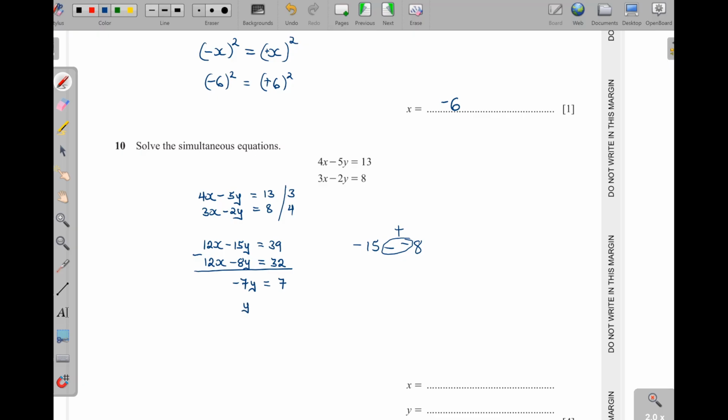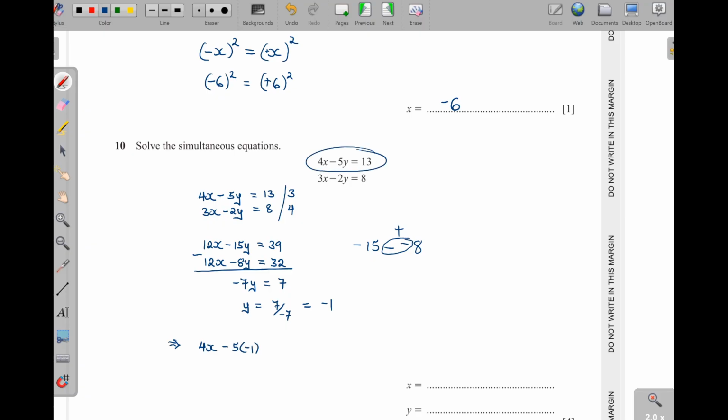So meaning y is going to be equal to 7 over negative 7. Automatically, this one gives us negative what? 1. Okay, then now we can substitute in any of these two equations to get the value of x. Okay, so we have 4x, then minus 5 times negative 1.